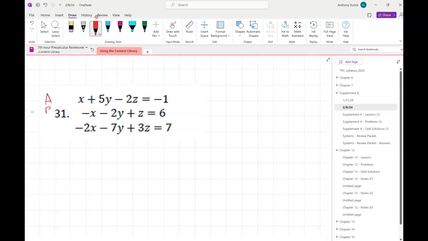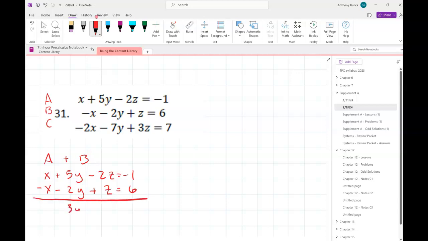Again, I'll refer to these just as equations A, B, and C. Well, I can just add equations A and B together the way they are, and the x's will cancel out because the x's are opposites, right? Everybody feel okay there?